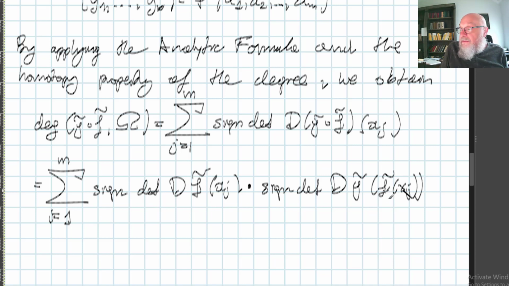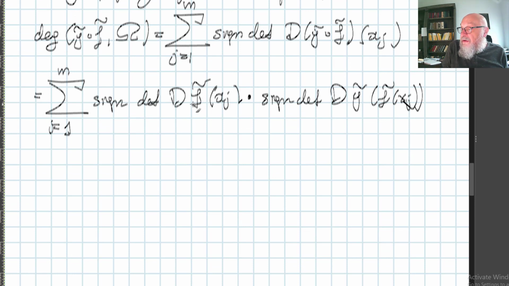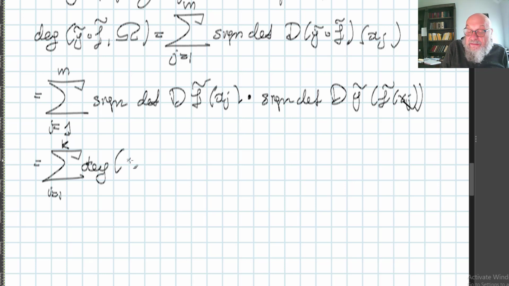Now that's interesting, because I can write that value as the sum, i equal 1 to k, of signum determinant, times the degree, again by the analytic formula, of f tilde at y1 on omega.